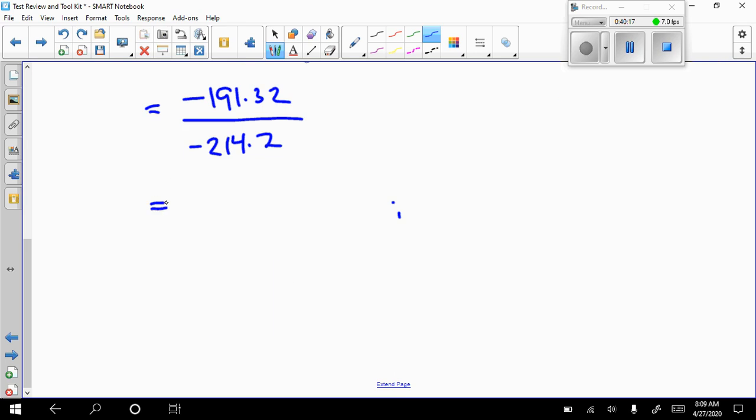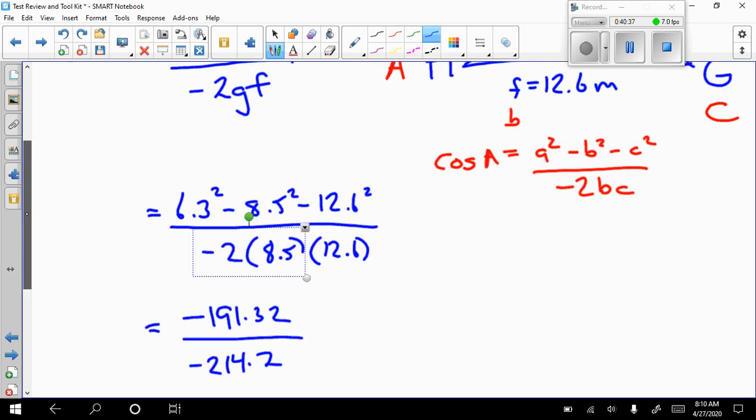So I end up with negative 191.32 divided by negative 214.2, and you end up with 0.893. But remember, that was cos of h.